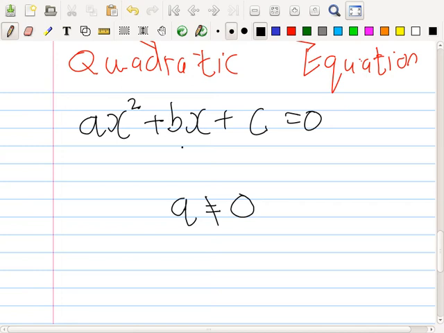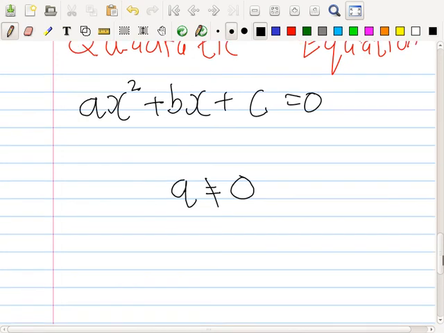Now, we're not going to do it today, but you might remember from high school the formula minus b plus and minus square root b squared minus 4ac over 2a. Does that sound familiar? We'll do that later, but for today we're going to look at something called completing the square.